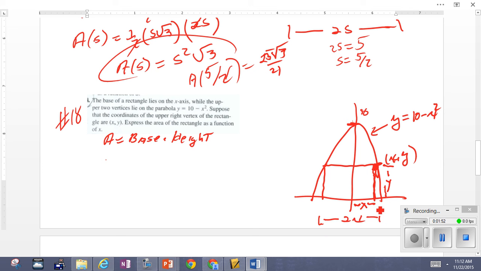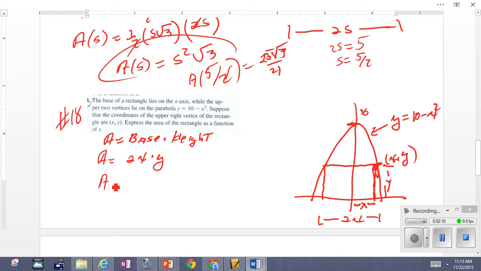So the area will be 2x times the height, which is y, but the height is 10 minus x squared.